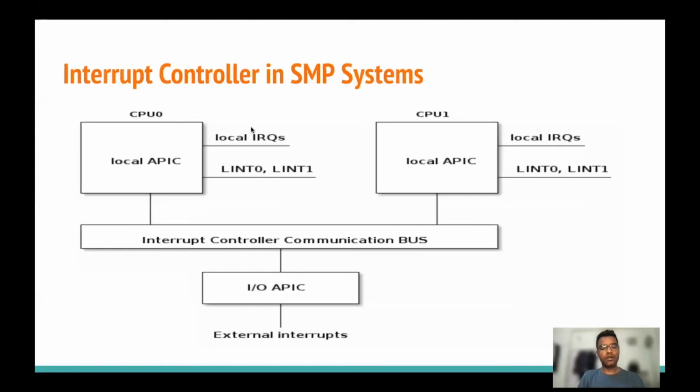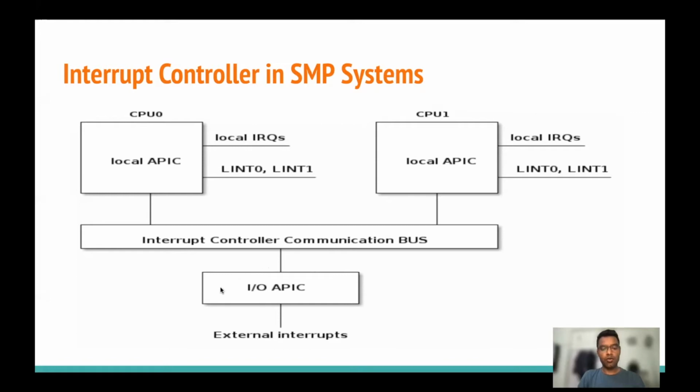This is a more complex structure in modern computers because we have multi-core systems. Here, the IO APIC is the advanced programmable interrupt controller. It controls all the external interrupts from external devices in the system, and these local APICs control the interrupts from the local devices directly connected to each CPU.